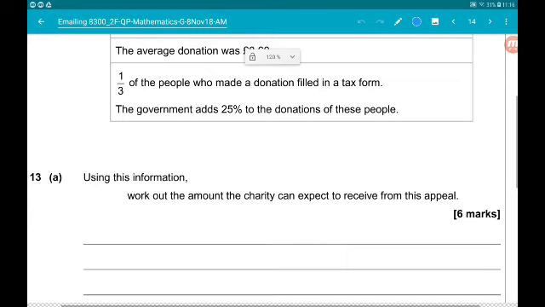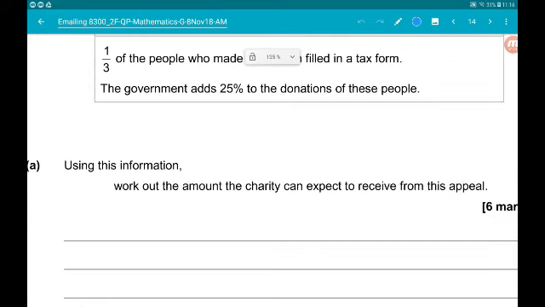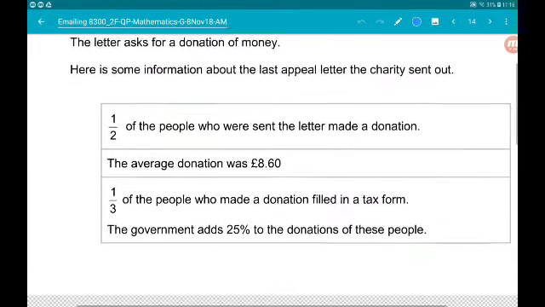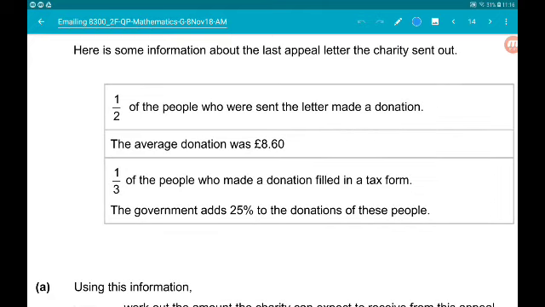Part A, 6 marks, wants us to use this information to work out the amount the charity expects to make from this appeal. Okay, so first up, 3,000 people have been sent the letter. In the last appeal, half the people donated.